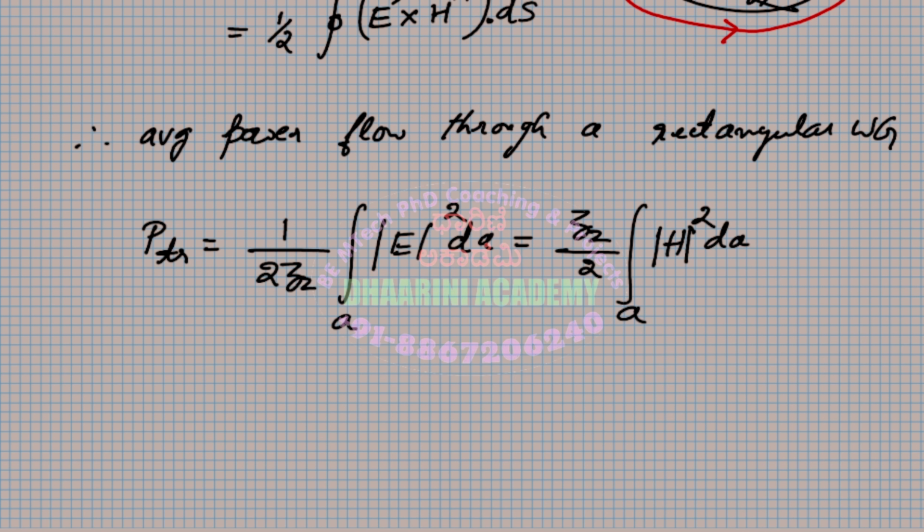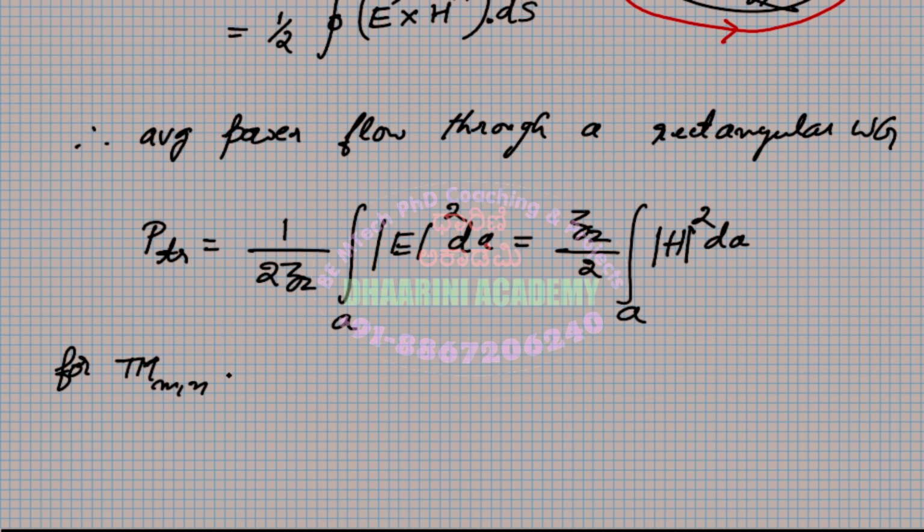I'll write two more equations to wind up. Okay. So in case of the TM wave, what happens? Let me try to write that. For TM m comma n, for that kind of representation, the power transmitted can be calculated as 1 divided by, there is a 2 as it is, Z I'll try to replace, that is eta times root of 1 minus lambda by lambda c the whole square.